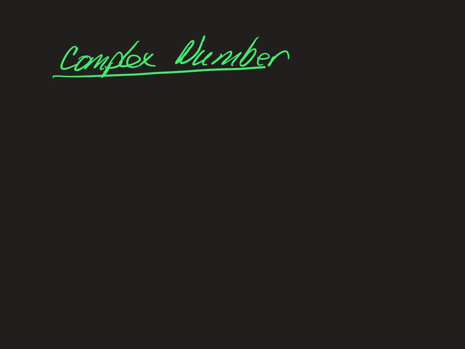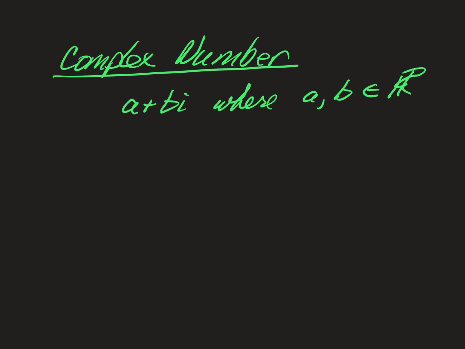So finally, what we want to do is define complex numbers, okay? What is a complex number? A complex number is this. It's a two-part number, all right? It's a number a plus bi, where a and b are real numbers, okay?